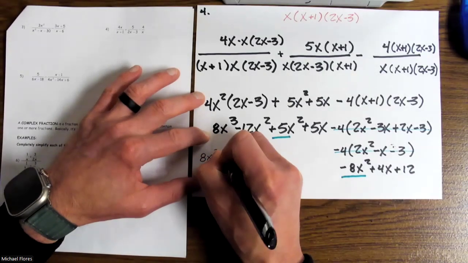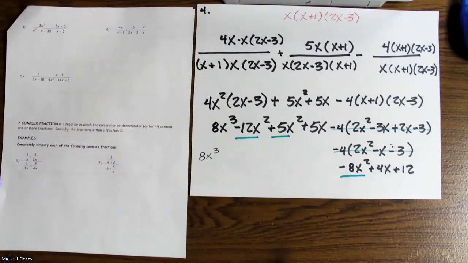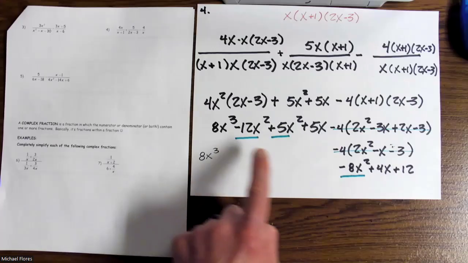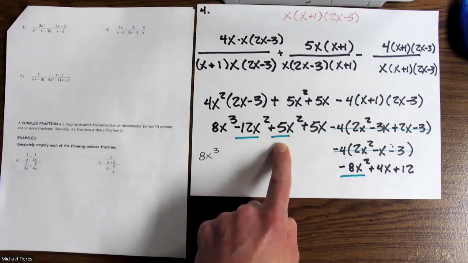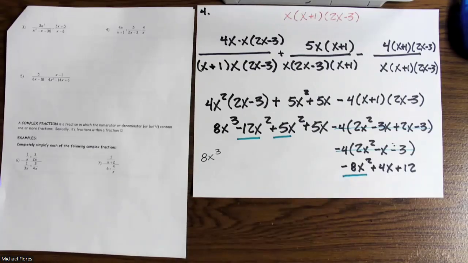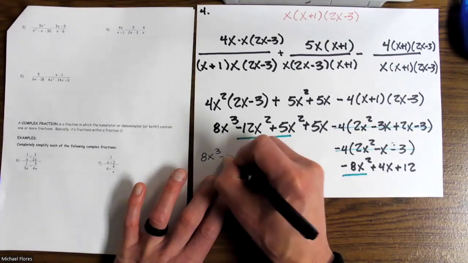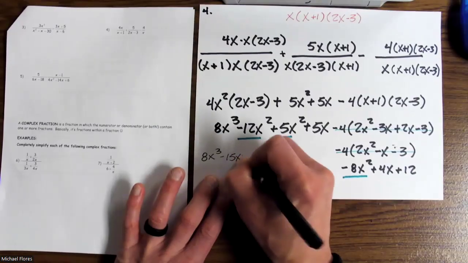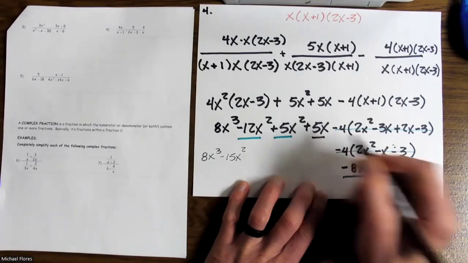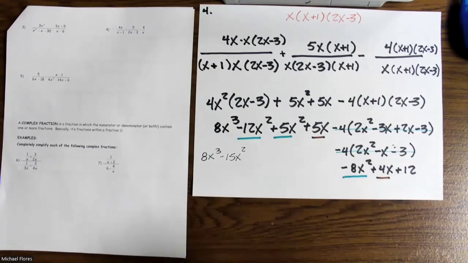So 8x cubed is going to remain the same. All right, now we have -12 plus 5 minus 8. That's going to give us -15, but don't forget the x squared. All right, now let me go take a look at my x terms. There's an x, there's an x.